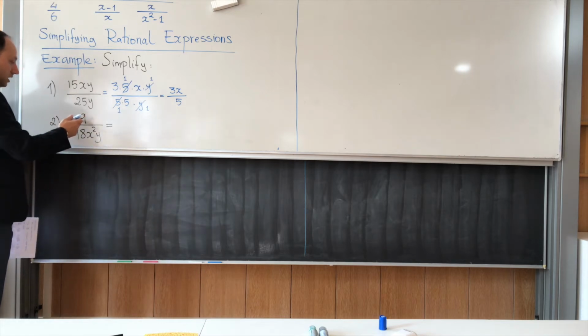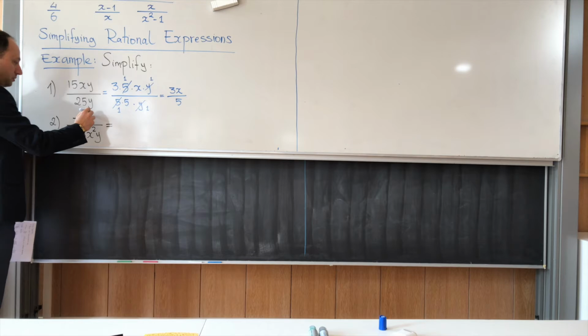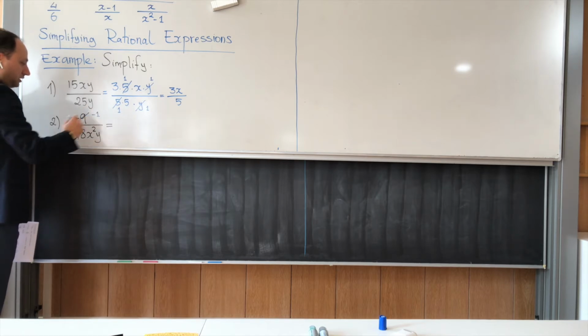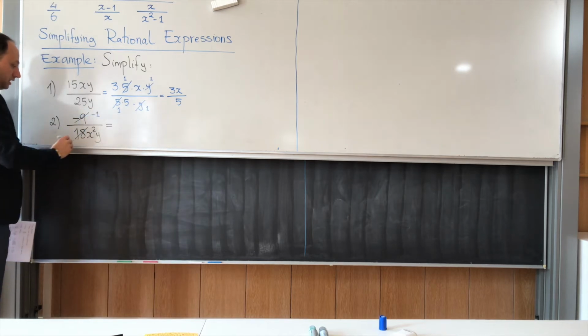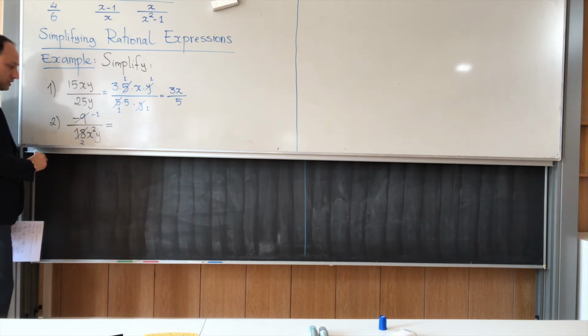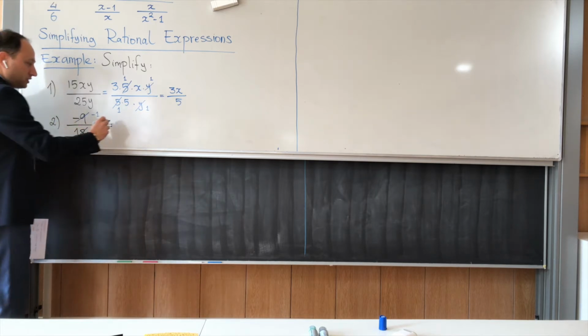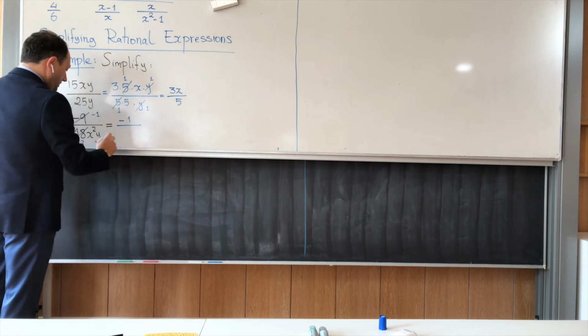Yes, between minus 9 and 18, I can divide by 9. So it becomes minus 1, and I can divide this by 9, it becomes 2. Yes, I'm able to simplify because these are factors, but nothing is left. So the answer would be minus 1 divided by 2x squared y.